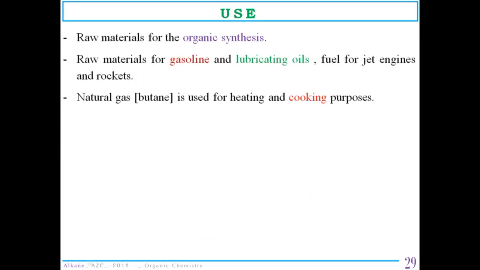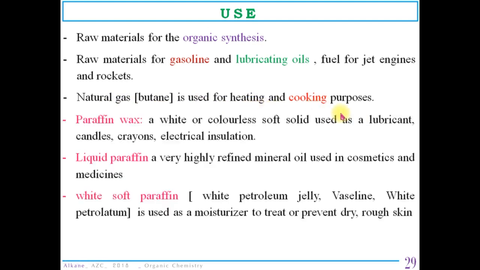Next is the use of alkanes. They are used as raw material in organic synthesis, gasoline, lubricating oils, and fuels in engines and rockets. Natural gases like propane and butane are used for heating and cooking purposes. Paraffin wax, which is a white or colorless soft solid, is used as a lubricant, and in candles, crayons, and electric insulation.